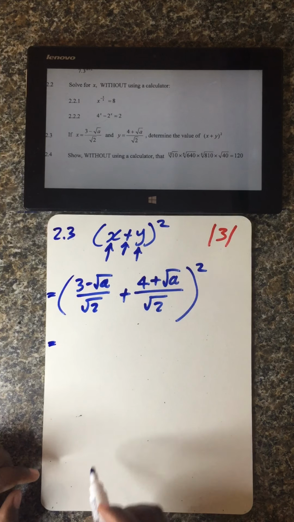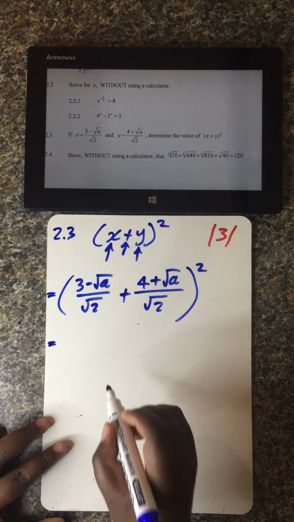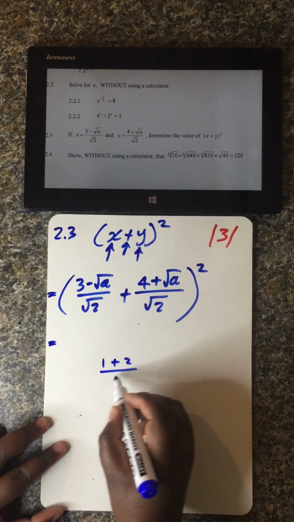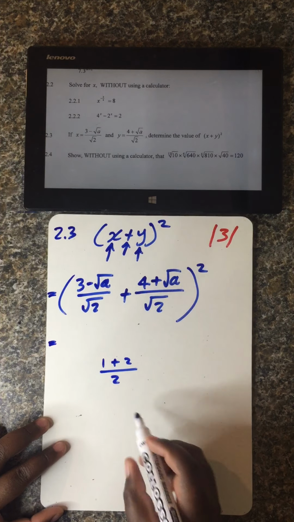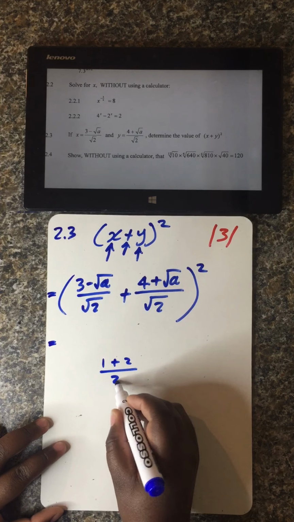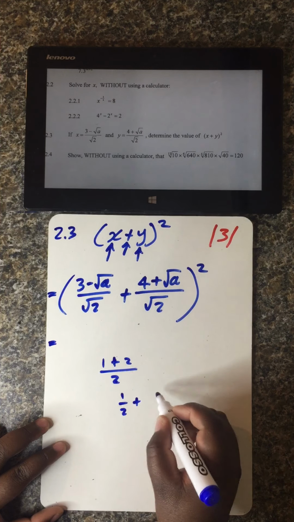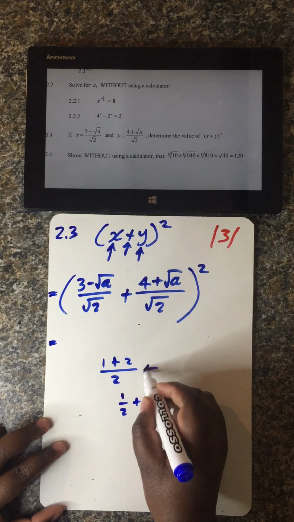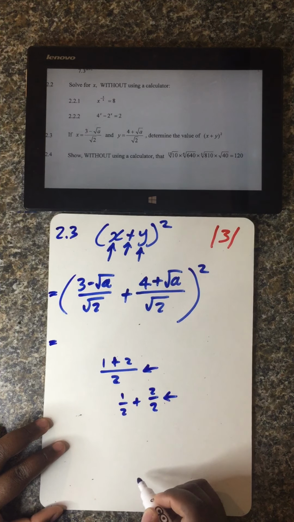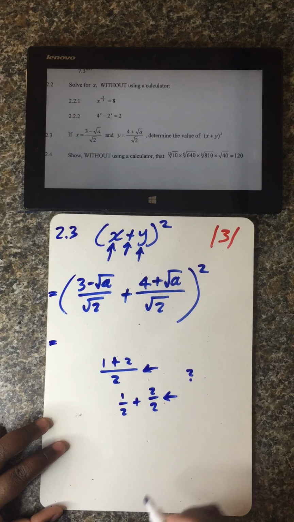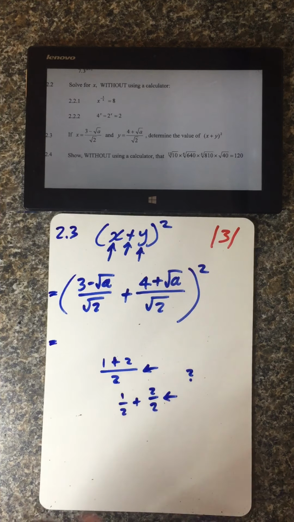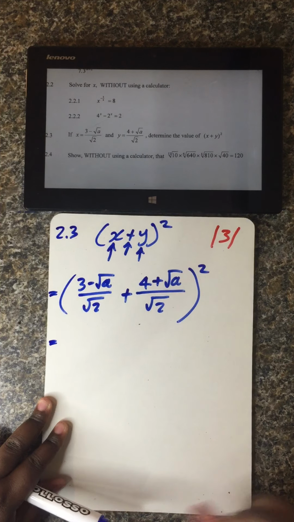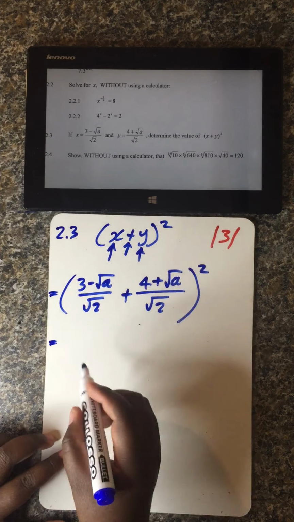Ladies and gentlemen, remember, when you've got (1 + 2) all over 2, this thing is the same as 1 over 2 plus 2 over 2. Just punch this and also this on a calculator and comment if you get the same answer. Ladies and gentlemen, can we try to apply that rule here?